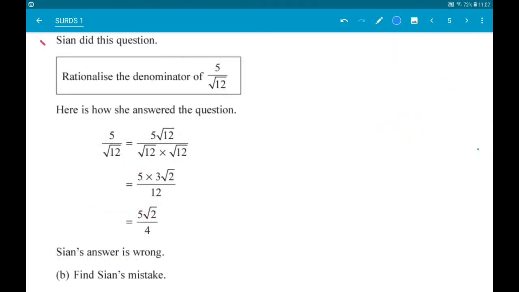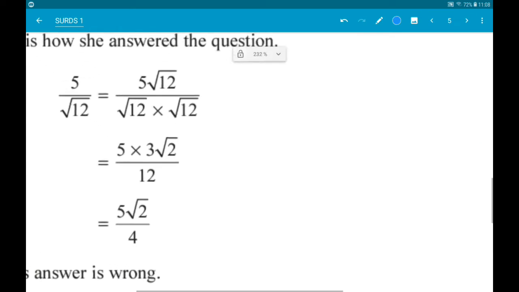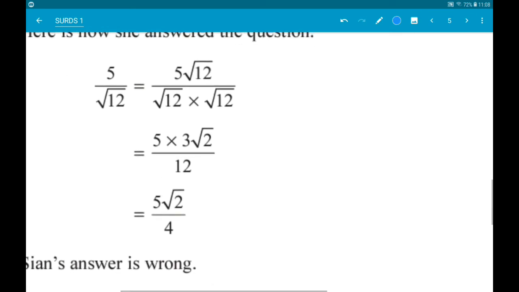Okay, next up, Sean did this question: rationalise the denominator of 5 over root 12. So again, Sean is wrong. Find the mistake. So, she's multiplied top and bottom by root 12, so that's right. Her problem is in her next step. She has now turned root 12 into 3 root 2.